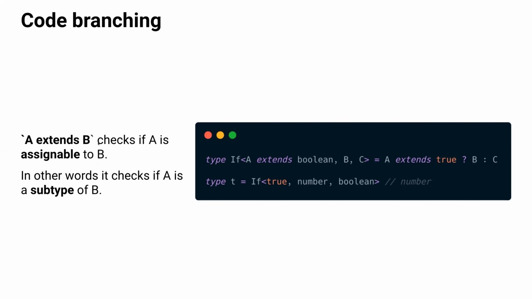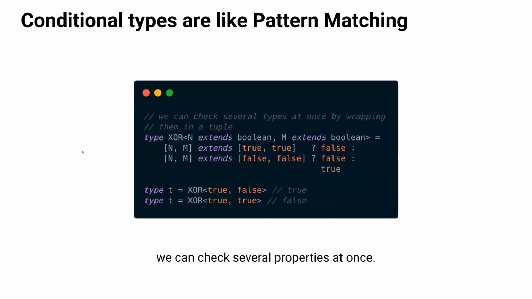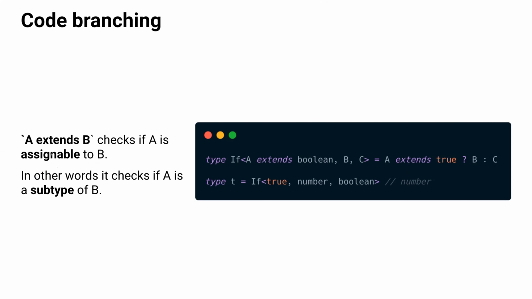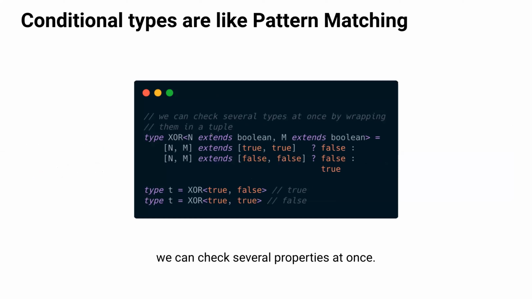Yeah, so A extends B means that it's assignable to B. And assignability is a whole interesting topic, and I won't cover it fully, but something I can say is that it kind of looks like pattern matching, what I told you about at the beginning of the talk. So you can check that the data structure matches some shape you would like it to match.